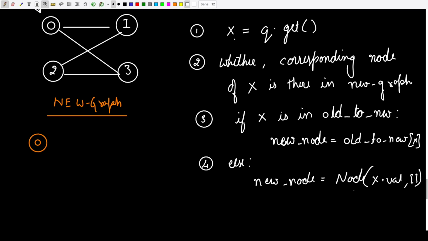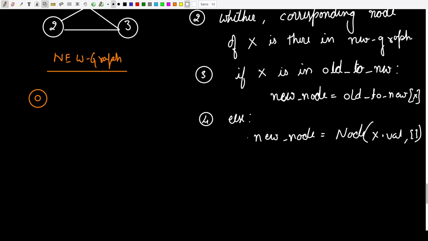I have just initialized it with the value of the node, but the neighbors I have kept empty. Also, while creating an entry, I'm going to make an entry in this dictionary. So old to new is a dictionary, and x is equal to new node.